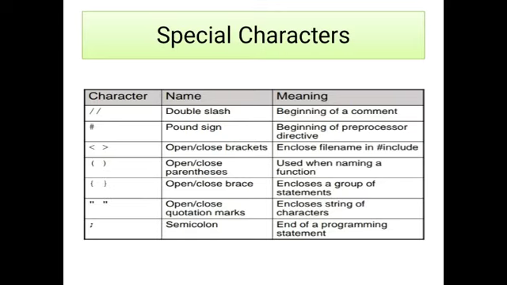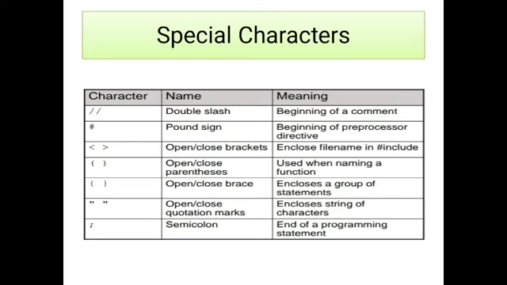Let's see the special characters used. Double slash is used for the beginning of a comment. Then comes the pound sign, which is used at the beginning of a preprocessor directive. Then come open and close angle brackets, which enclose the file name in hashtag include.